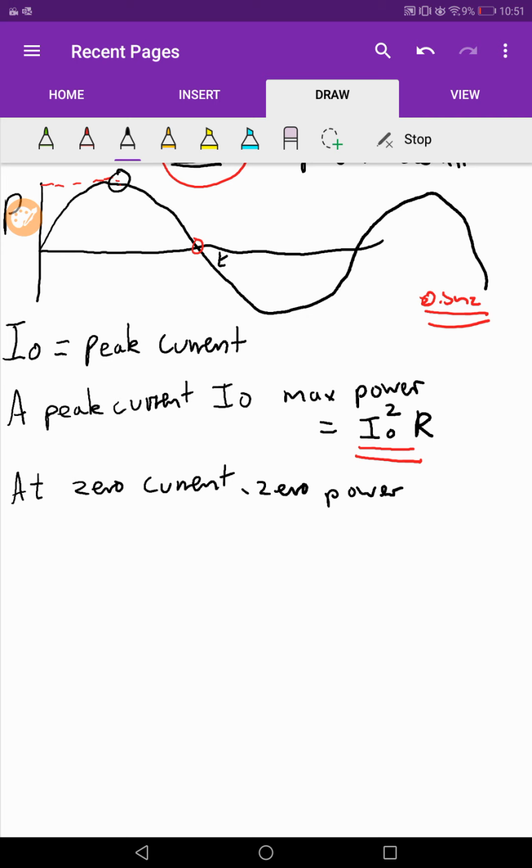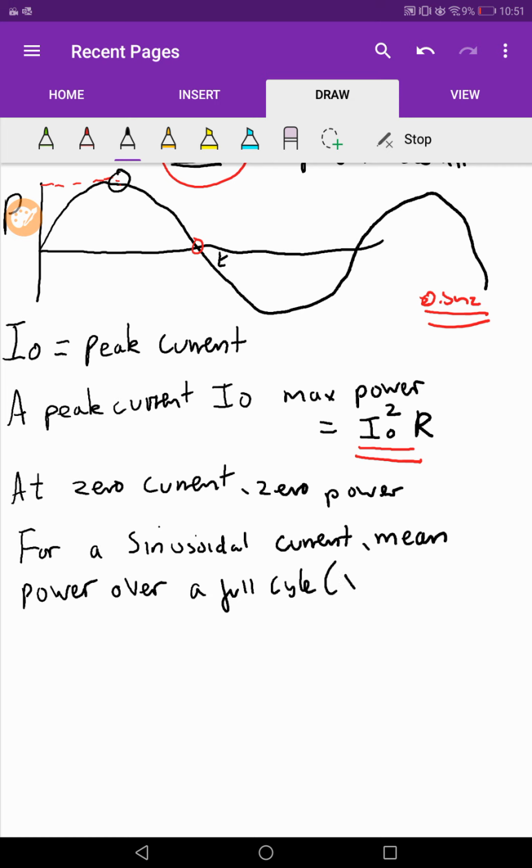So, for a sinusoidal current, this is the key part, for a sinusoidal current, mean power over a full cycle, that's over one wavelength, is half of the peak power.